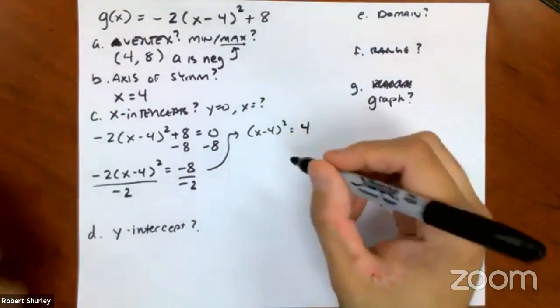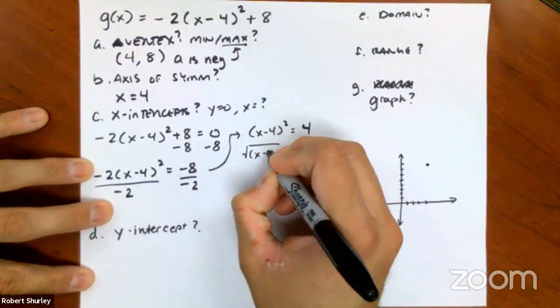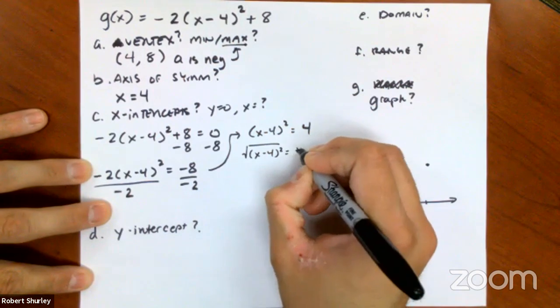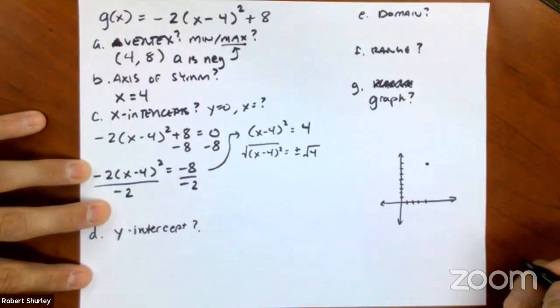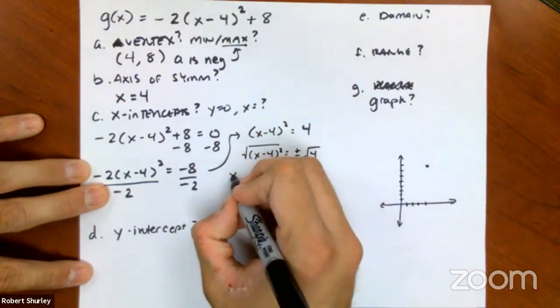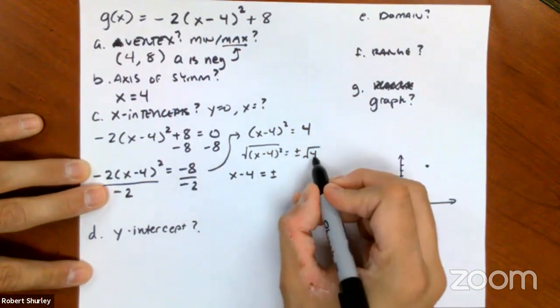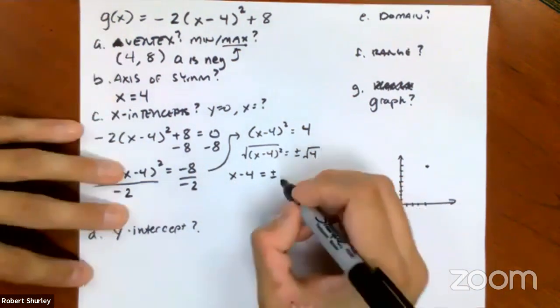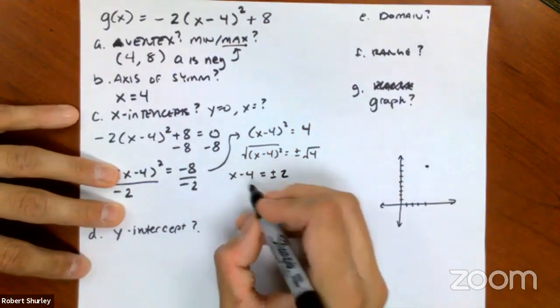So then I'm going to take the square root of both sides. But when I do that, I have to remember a plus or minus, okay? So I wind up with x - 4 = ±2, since I know the square root of 4 is 2.